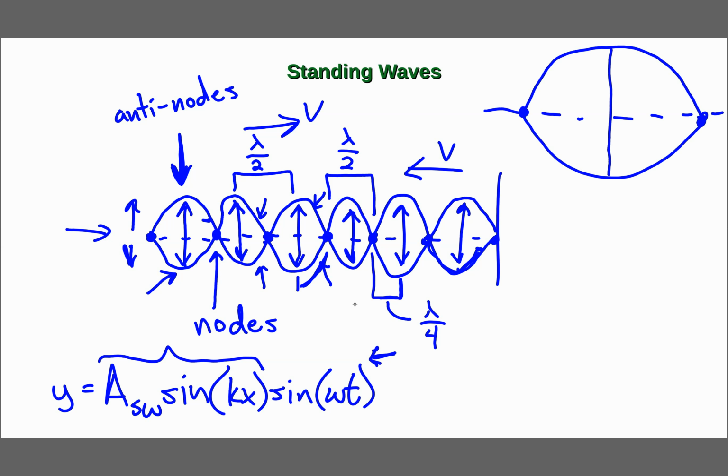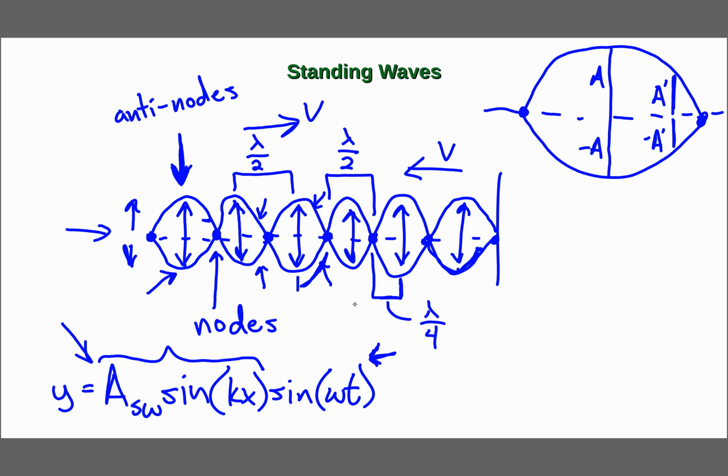At the antinode, this is going to be a above and minus a below. And then at this point here, we have some, we'll call it a prime, above and minus a prime below. And it's something that's less than this a of the standing wave, right?